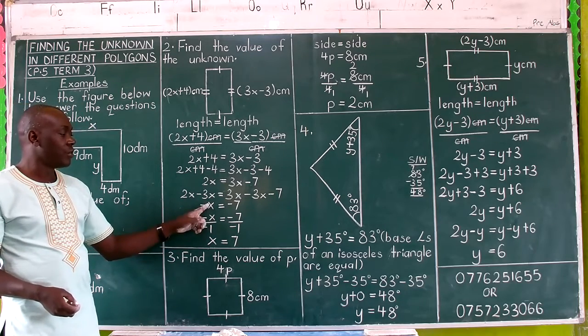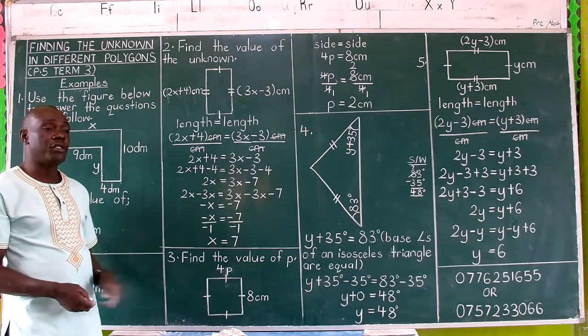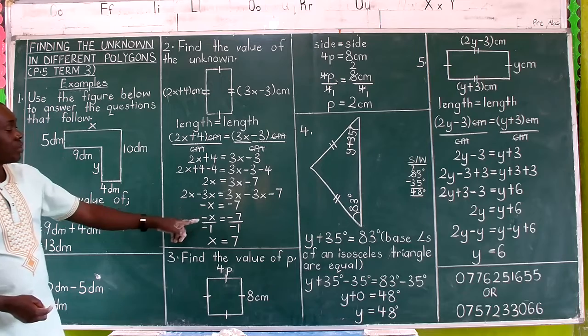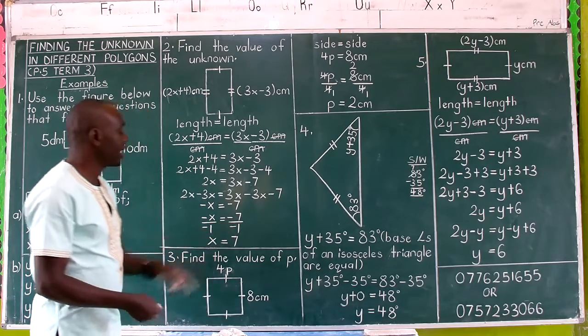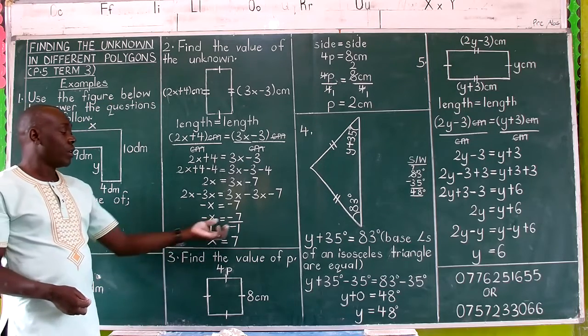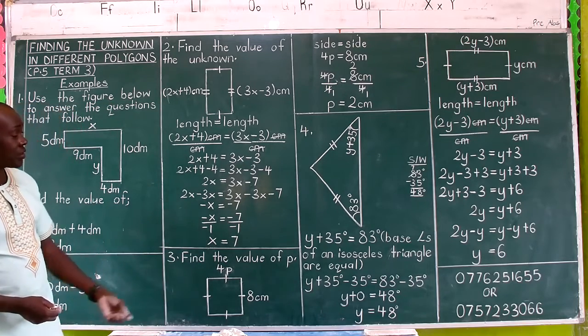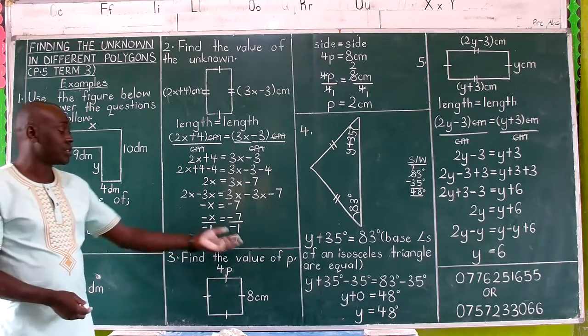So a negative 1 must leave. Remember, 2 minus 3 is a negative 1. That's why we divide both sides by negative 1. So that is negative x divided by negative 1 equals negative 7 divided by negative 1. Where negative divided by negative, you get a positive. So either side shall have a positive. So you say x equal to 7. Positive x equal to positive 7. So x is equal to 7.